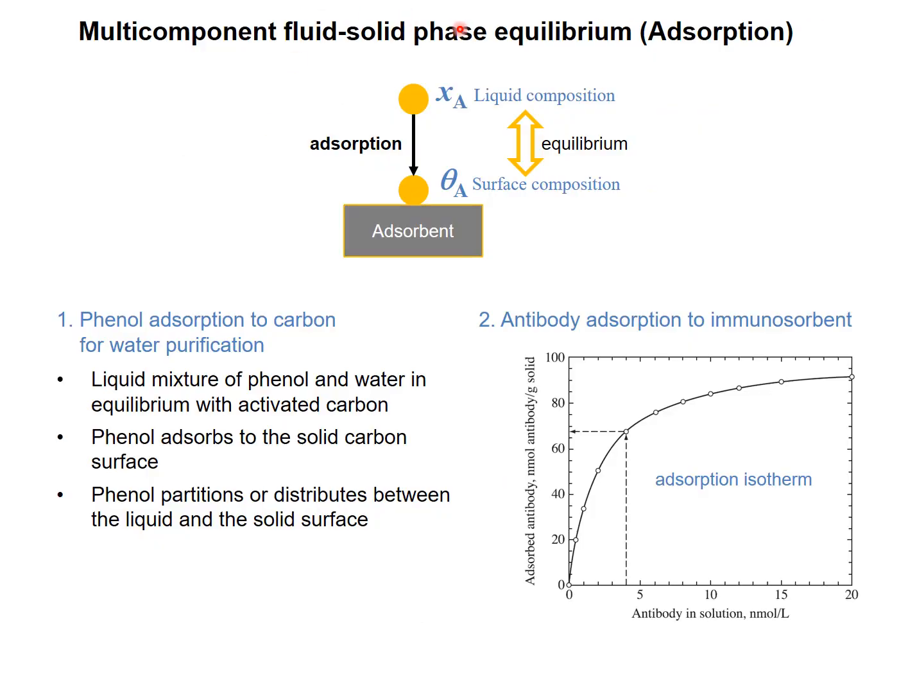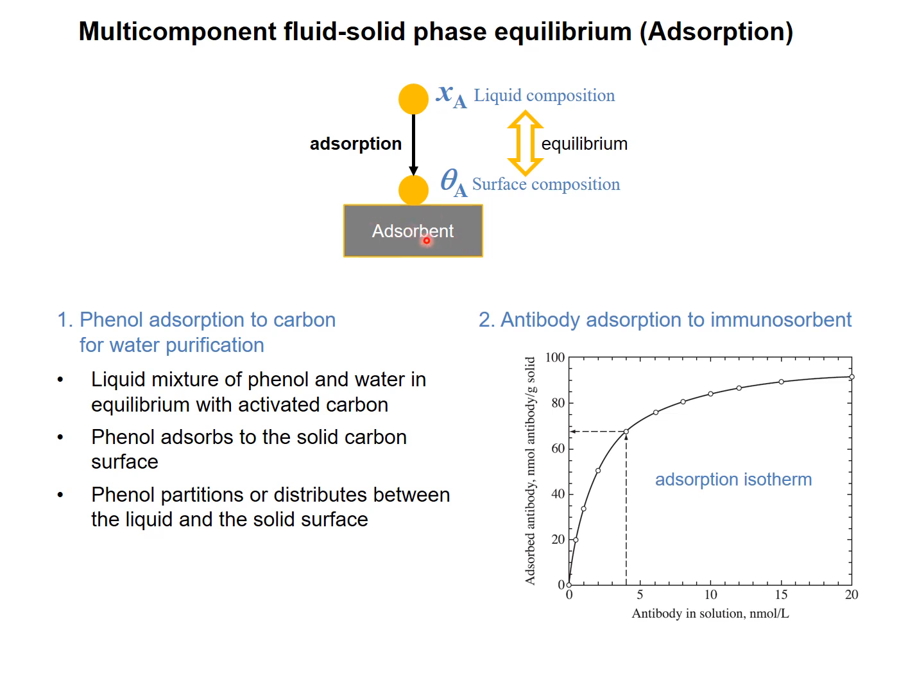Multi-component fluid-solid phase equilibrium is related to the separation method of adsorption. Here is the adsorbent, which is a kind of solid, a very porous and high surface area material like activated carbon.